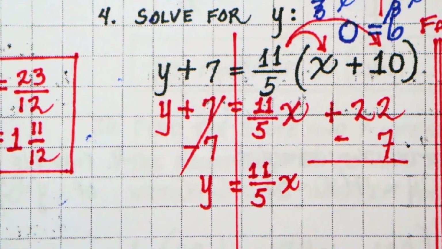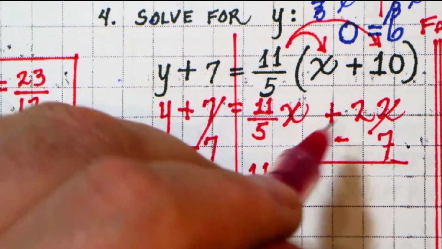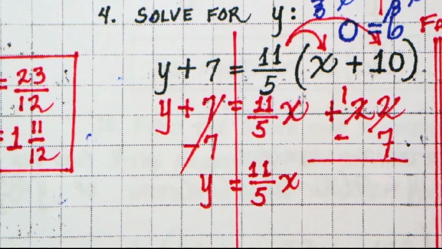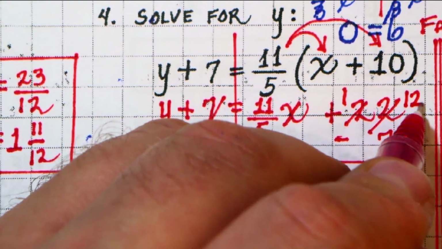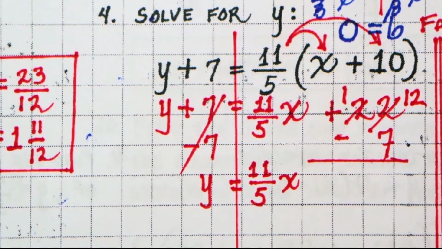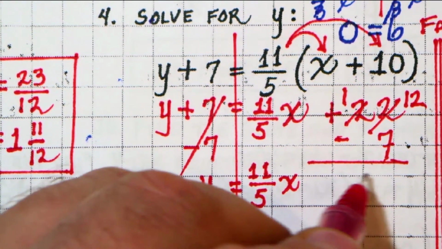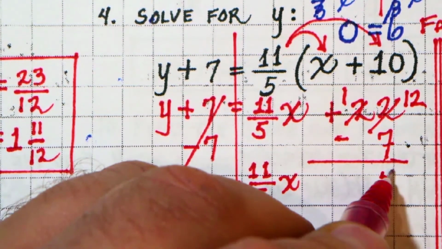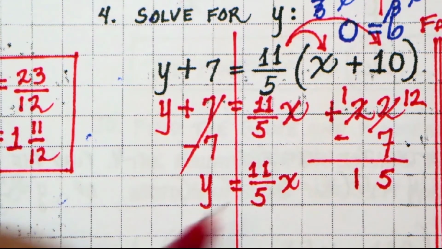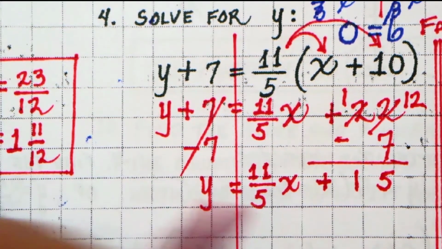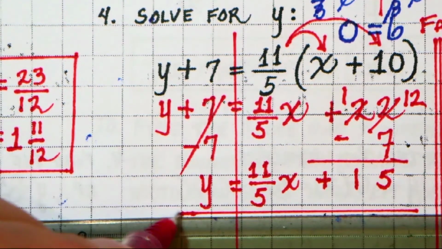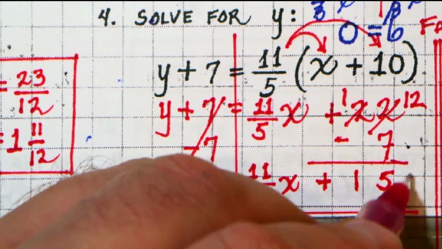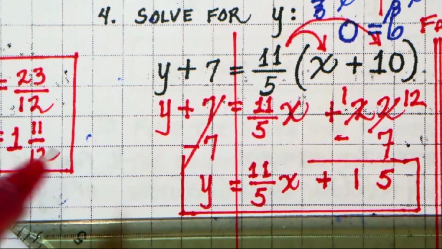We have to borrow. I hate it. Okay. So we borrow the 2 becomes a 1, this other 2 becomes a 12. What's 12 minus 7? 5. And then 15. So the final answer is y equals 11 over 5x plus 15.